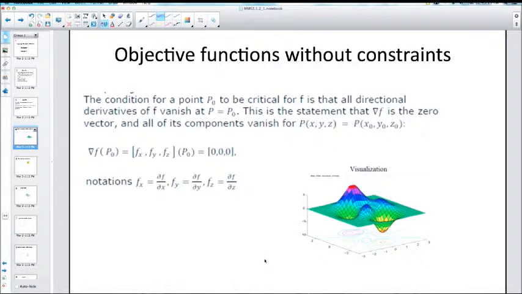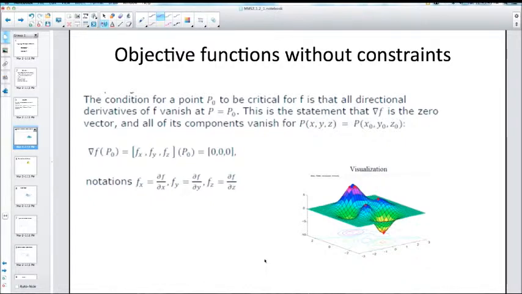Let me change the color. That tip point is the highest point, the peak. You have a few other small peaks down here, and then you have a valley on the bottom.